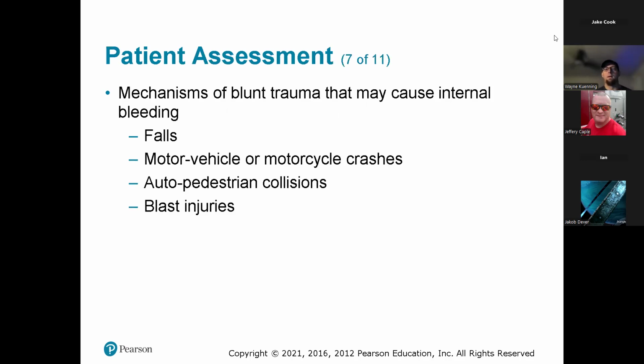Mechanisms of blunt trauma that may cause internal bleeding: falls, MVCs, autopeds, and explosions. The one that most people seem to overlook and think is not quite as severe as falls. A 40 fall, probably not. A 90 fall on thinners, maybe.